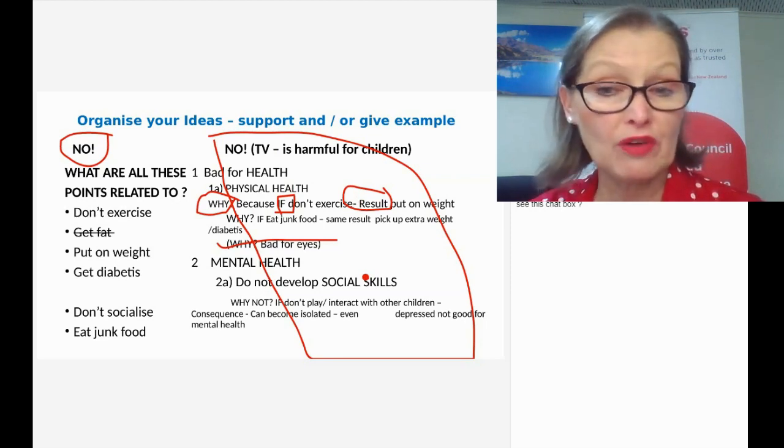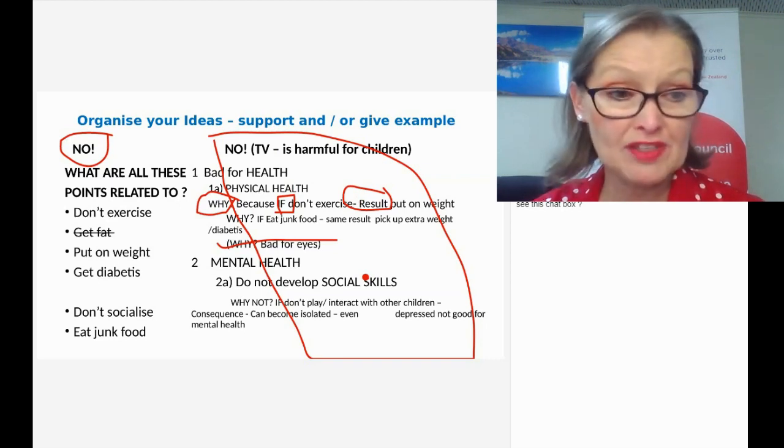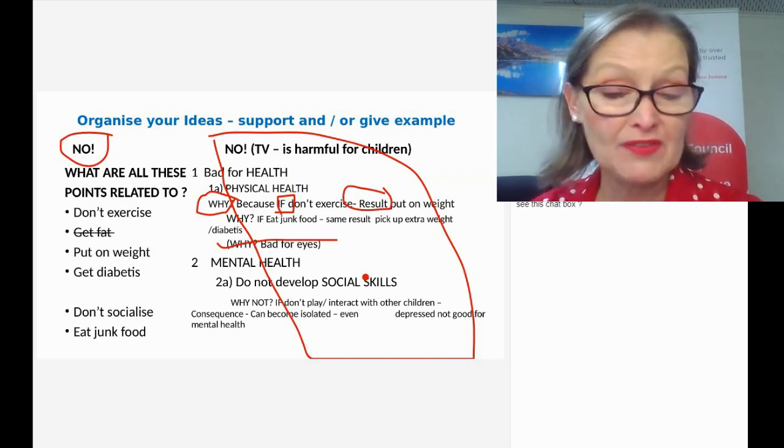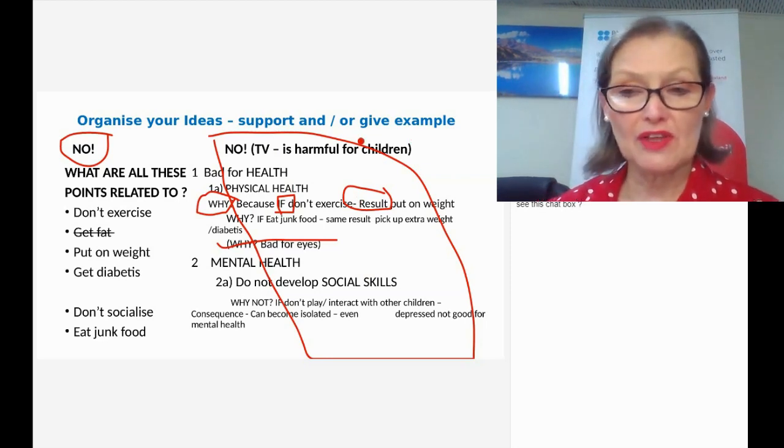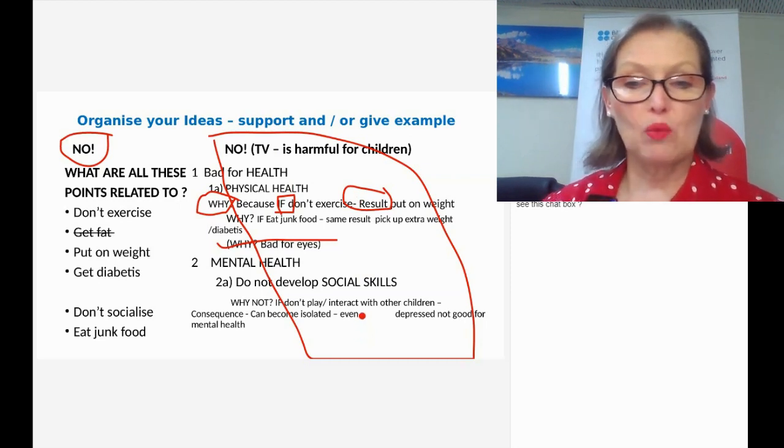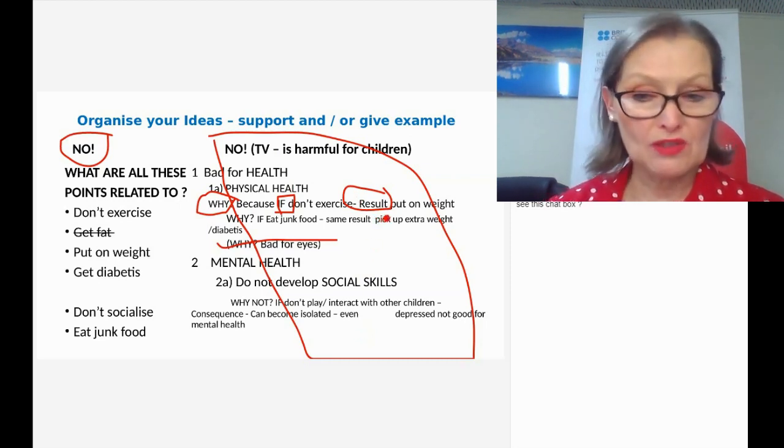And I know you're looking for high marks. I know you're looking for 6.5s. I know you're looking for 7s, sometimes even 7.5s. If you want to get those high band scores, you need to have your thoughts, your main ideas, well thought out and well supported.